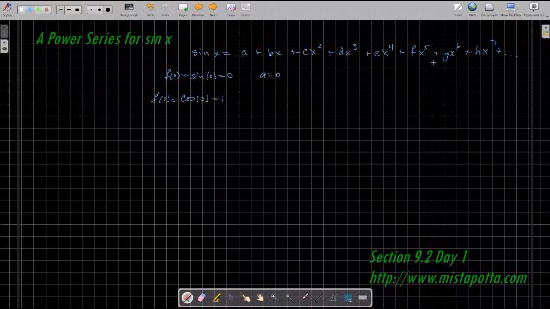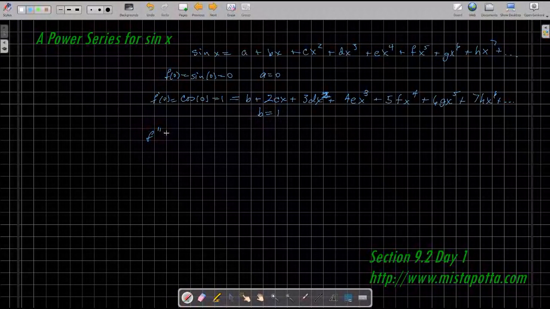And when I take the derivative here, this is going to be b plus 2cx plus 3dx squared plus 4ex cubed plus 5fx to the fourth plus 6gx to the fifth plus 7hx to the sixth plus ... And so I find out that in order for this to be equal to 1, b must be equal to 1.